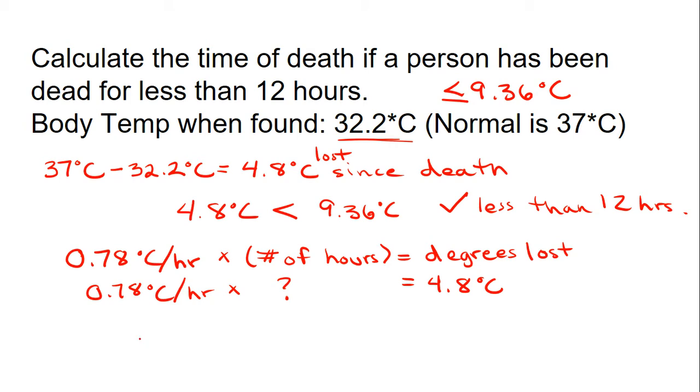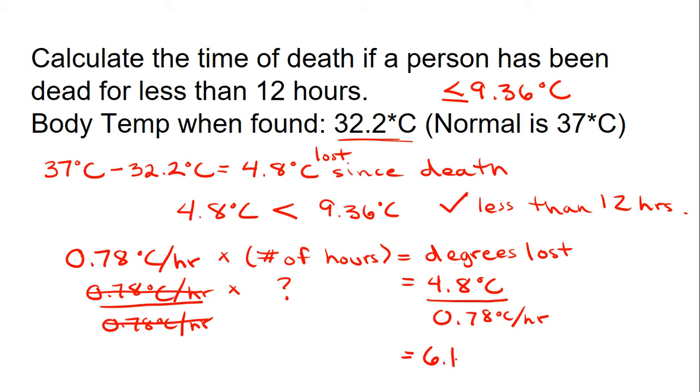So what we can do is divide both sides by 0.78 degrees Celsius per hour. So these go away, and instead, what I will get is that 4.8 divided by 0.78 equals 6.1.